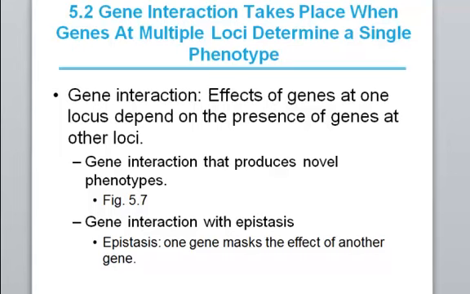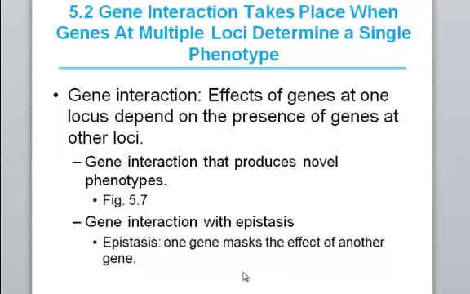Two important concepts here are, first, gene interactions can produce novel phenotypes. The other concept is that when genes are interacting in different loci and one gene suppresses or interferes with the phenotype of the other gene that is in a totally different locus, we do not call these allelic interactions because these are not alleles.